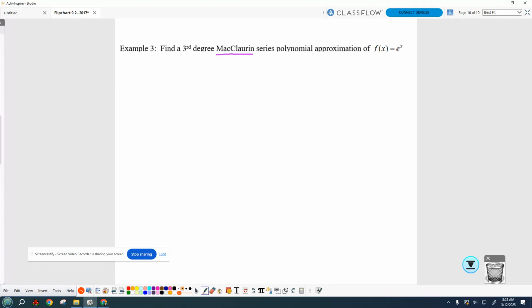Yes, actually you are supposed to know. This was buried in the first packet, so sorry. The words Maclaurin series. I made a better point of this sixth period. Maclaurin series means it's centered at 0.